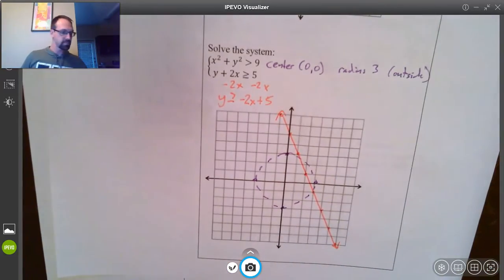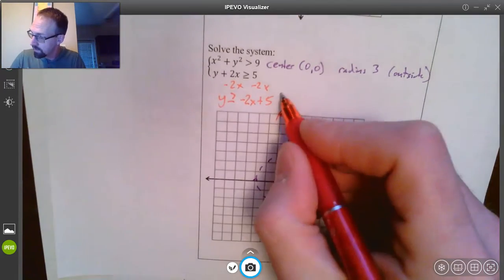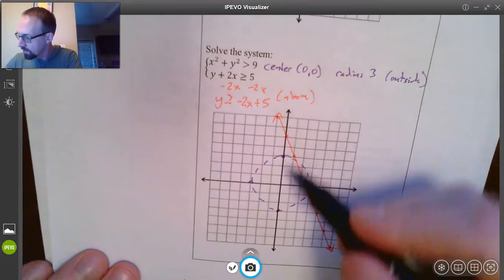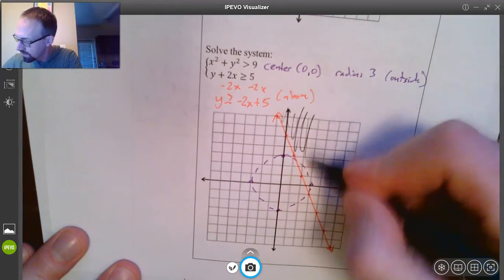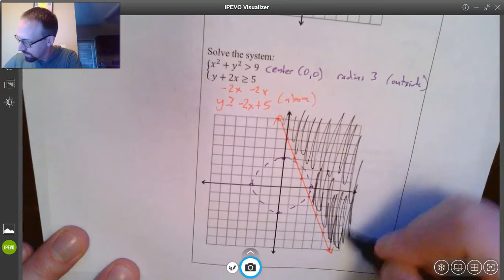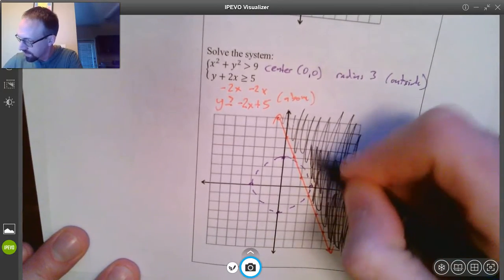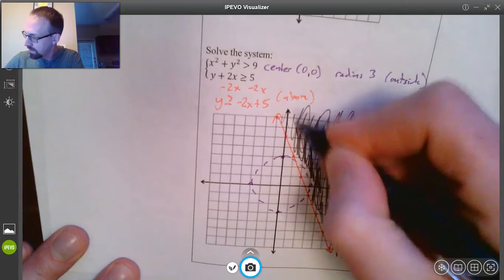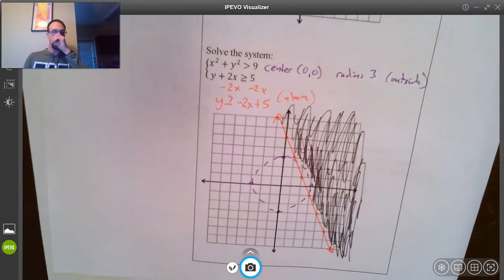There we go. So then combining both of these, this is shading above and outside. So it looks like it's just outside this area here. I shade off the graph because a lot of students just think that the grid is where the graph stops. Remember, this goes on forever. So it is all of that area outside there.